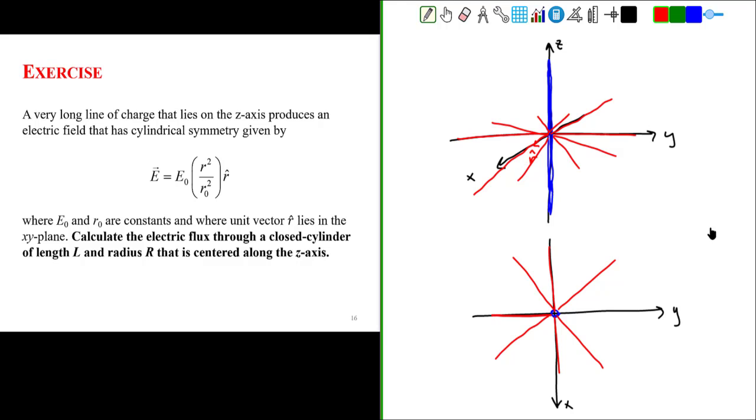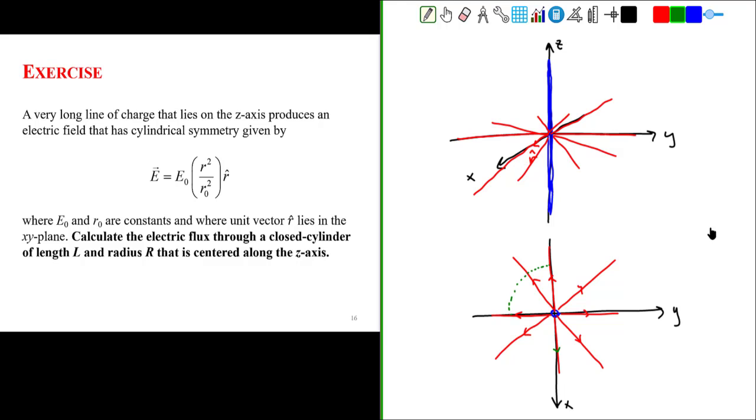So what that means for us is the electric field vectors, the electric field lines, point radially away from a line of charge. For us, what that means is if we were to take a surface, any surface, we'll call our surface a Gaussian surface.